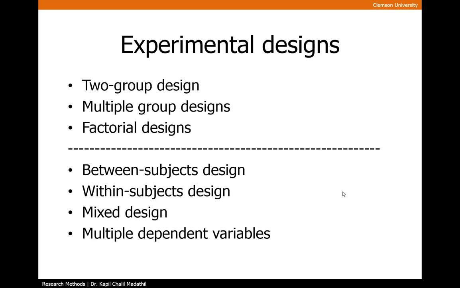The next set of experimental designs are the multiple group designs. Sometimes the two-group design does not adequately test our hypothesis of interest. We would want to study one independent variable and evaluate many levels of the variable. For example, if we want to understand the effect of brightness on display perception, we might want to evaluate several different levels of brightness.